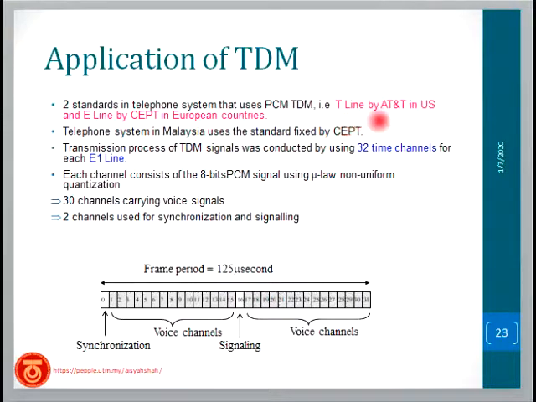That is the T line by AT&T in the US and the E line by CEPT in European countries. The telephone system in Malaysia uses the standard fixed by CEPT.